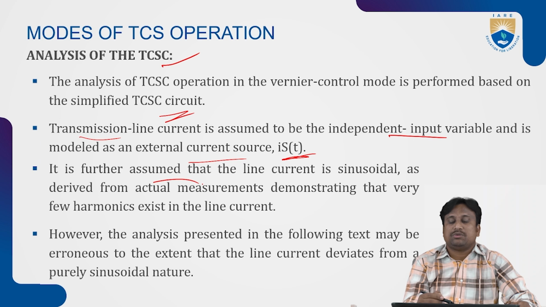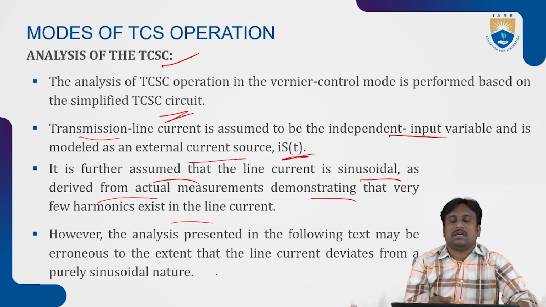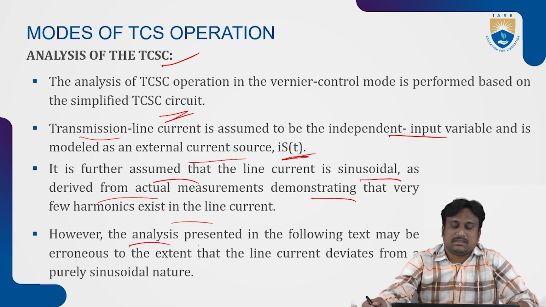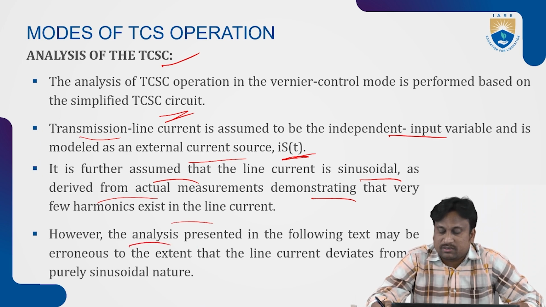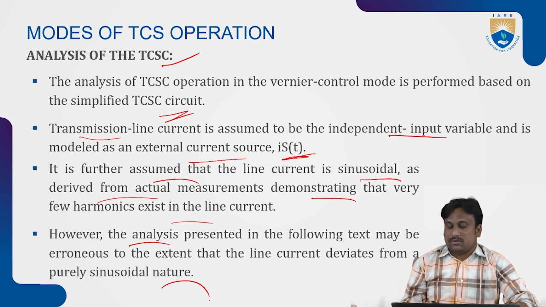It is further assumed that the line current is sinusoidal in nature, as it is derived from actual measurements that demonstrate that very few harmonics exist in the line current. However, the analysis presented in the following context may be suitable to the extent that the line current deviates from purely sinusoidal in nature. This may usually happen.